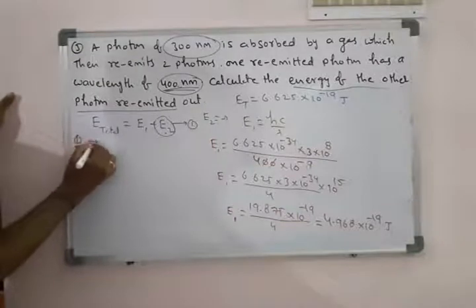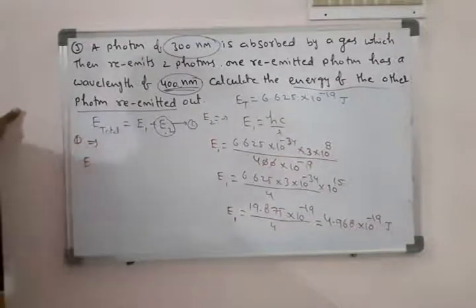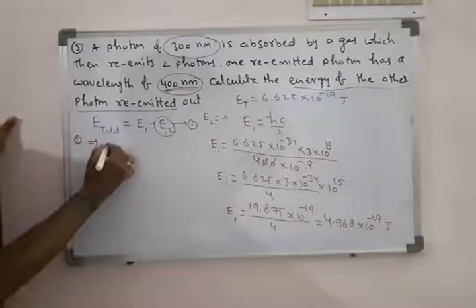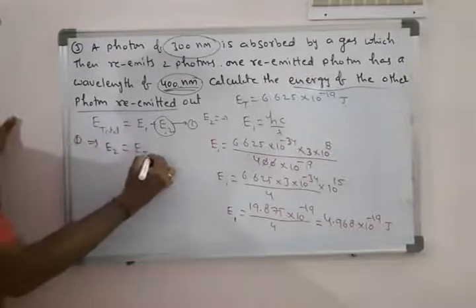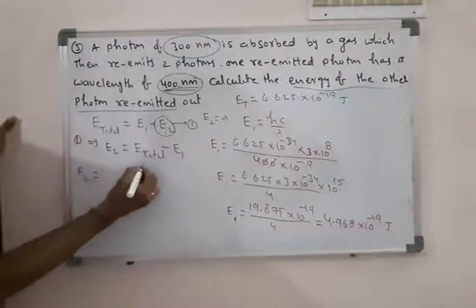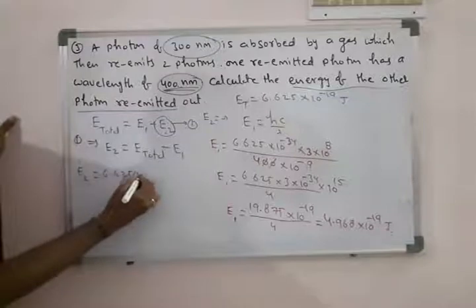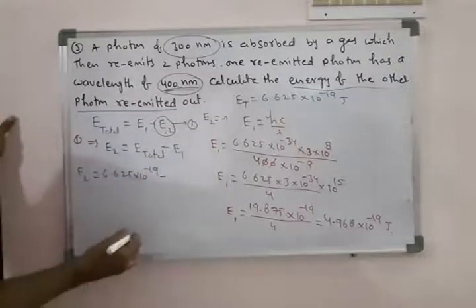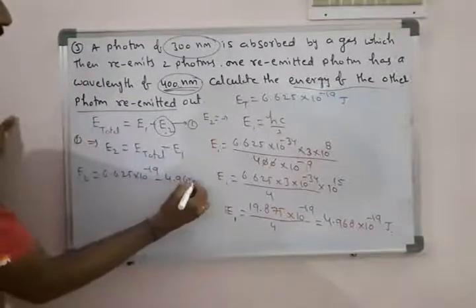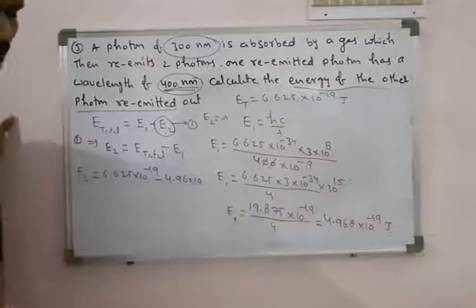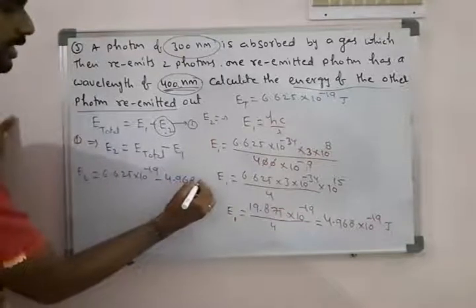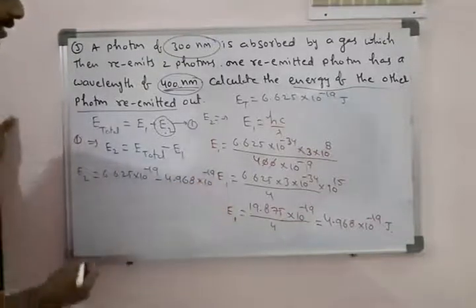By substituting in this equation, we can write that E2 is equal to E total minus E1. Therefore E2 equals E total, which you got, minus E1, which is approximately 4.968 into 10 to the power minus 19.